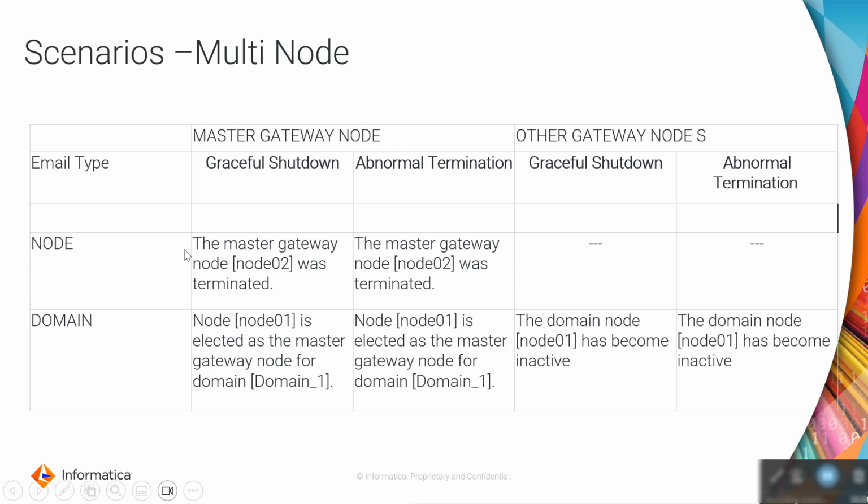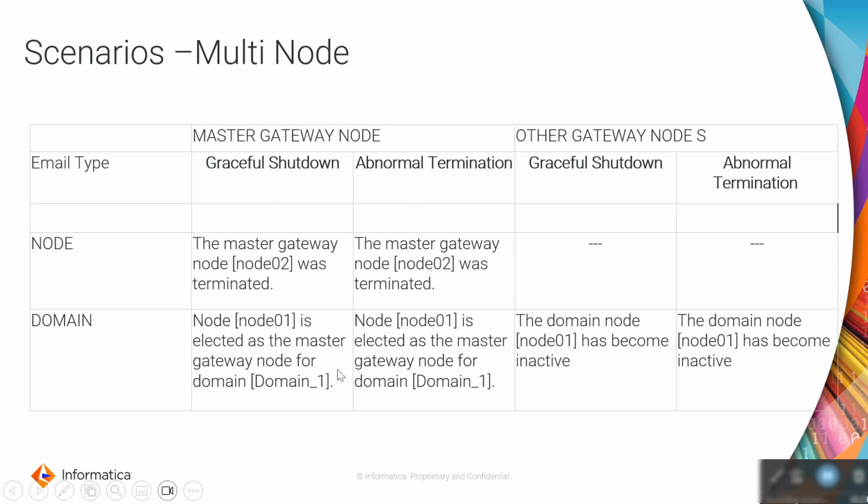With respect to the node, when we talk about the master gateway node, you'll receive email alerts like this: the master gateway node was terminated, and the same message will be received for the abnormal termination as well. When we come to the other gateway nodes, you will not receive any email alerts. On the other hand, for the domain, you will have messages like election of the master gateway node, or informing that one of the nodes has become inactive in your domain.